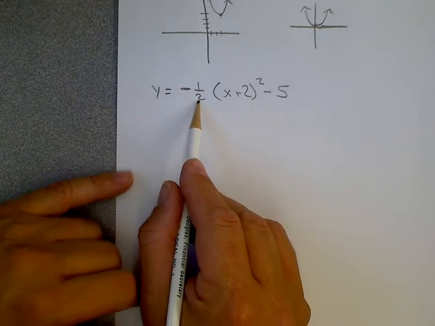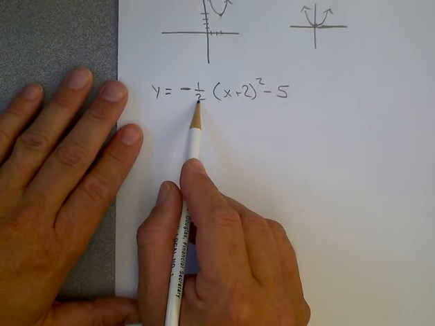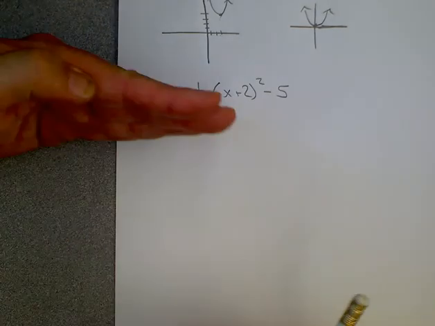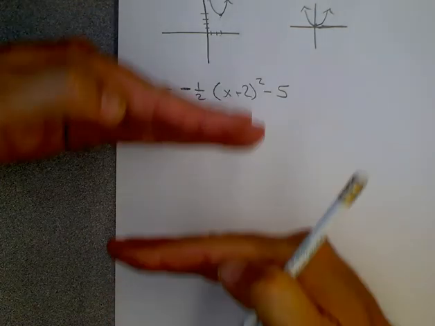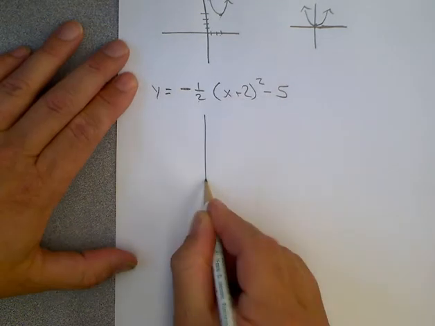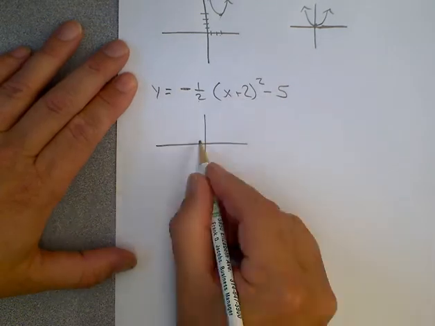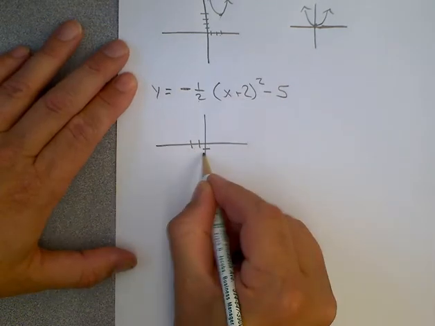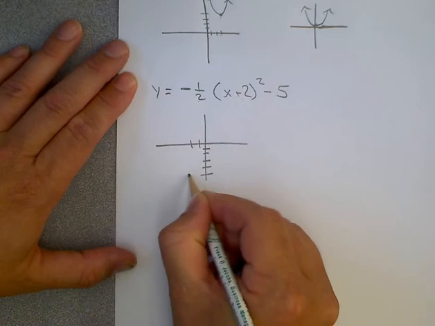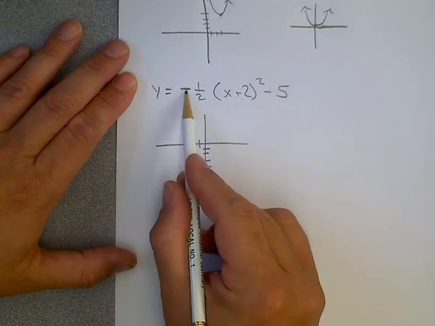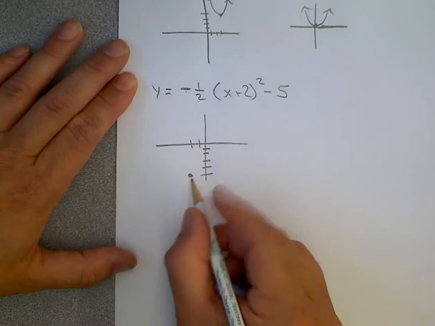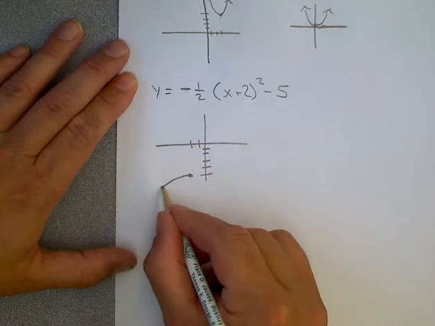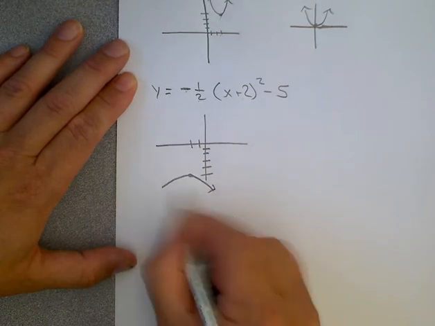So every value will get multiplied by 1/2, which will give it the effect of getting squished downward. So when I graph that, left 2, down 5, there's the vertex. The negative says that it's going to open downward, and it's going to open downward semi-wide because of that 1/2.